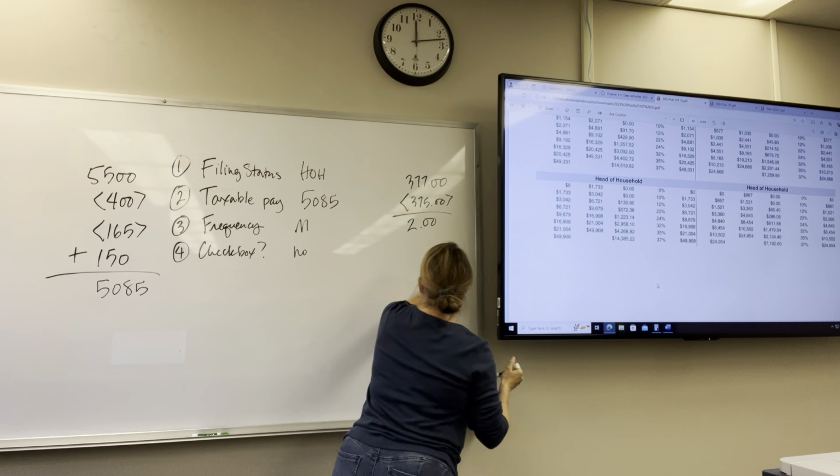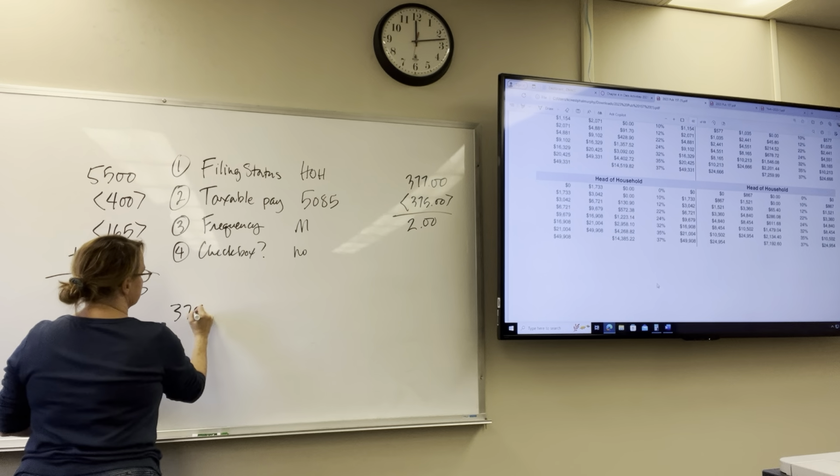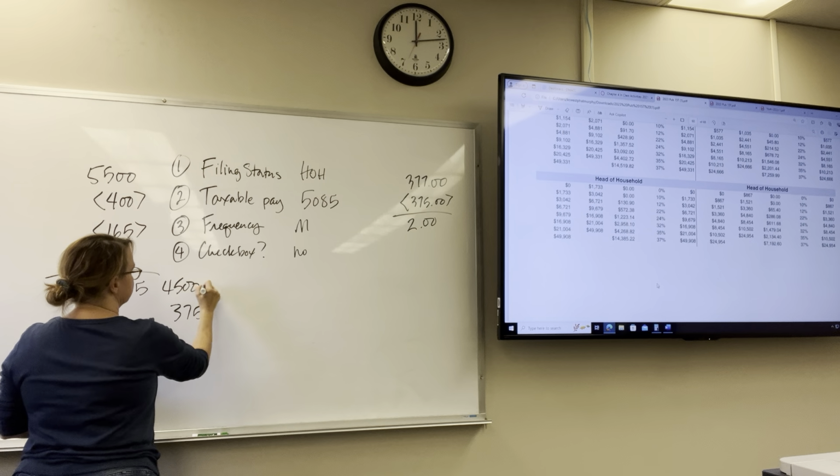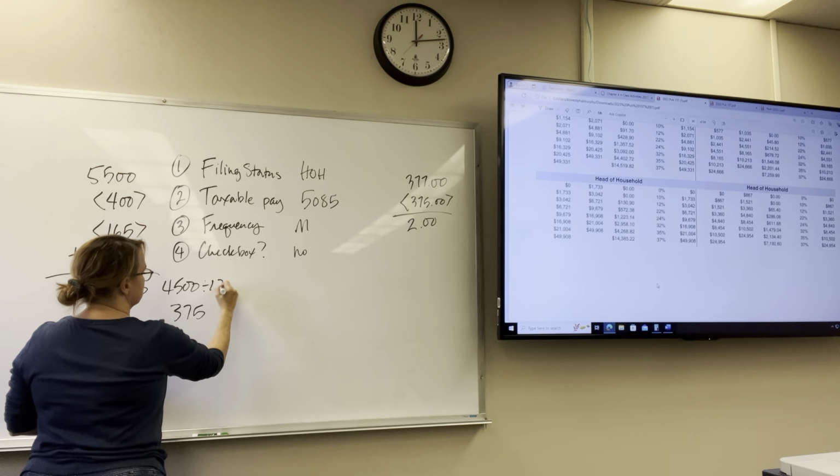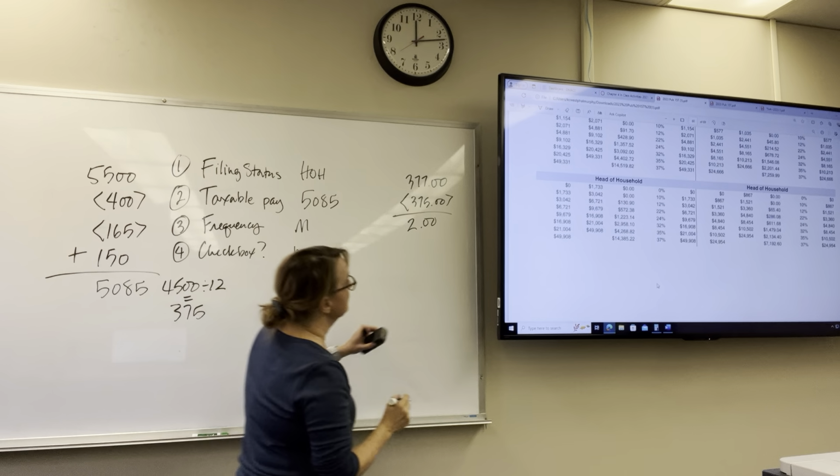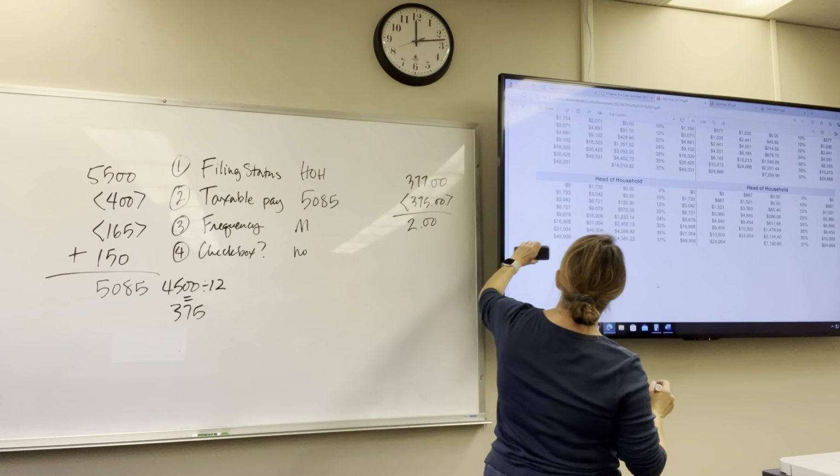I'm going to just put this over here. 375. So 4,500 divided by 12. All right. Where was I? 5085.